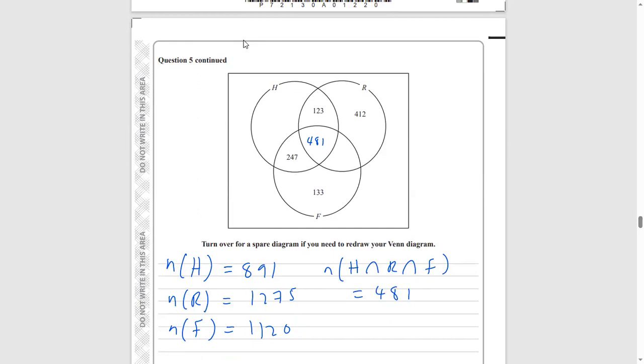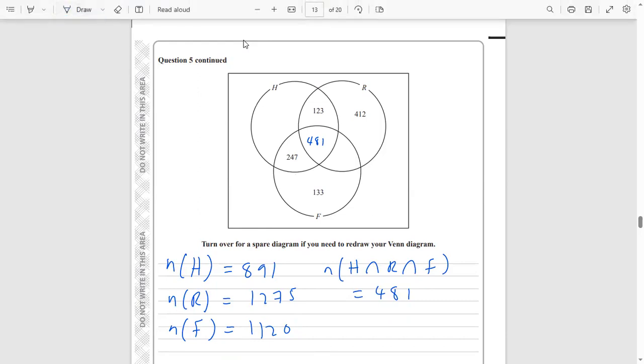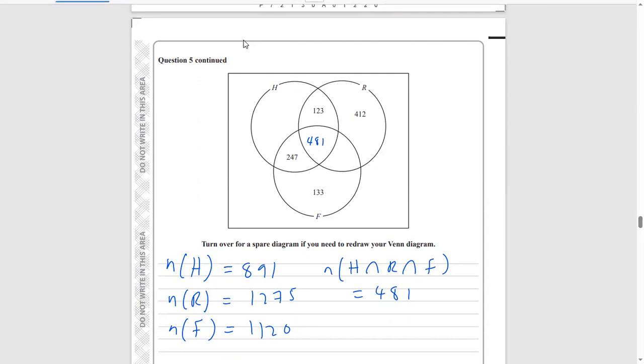So in this segment here of the H circle, we've got to do on the calculator 891 take away 123, take away 247, take away 481. We get 40.